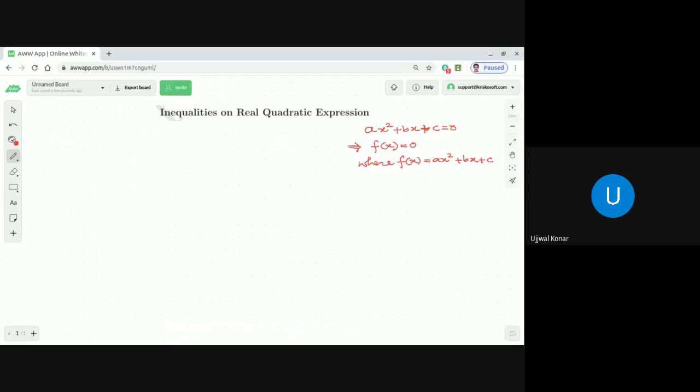So that is known as the quadratic expression. Now, the moment you say that f(x) equal to 0, this is a quadratic equation. And when you say f(x) equal to only ax square plus bx plus c, that we know as a quadratic expression.